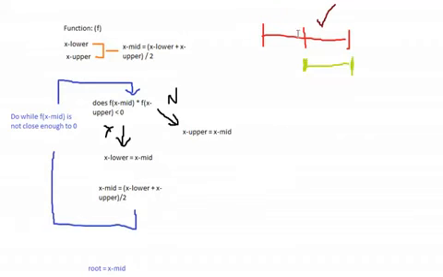If it isn't, then we're going to make the upper limit the middle point, reevaluate for this section, and then find the middle point. We want to keep looping this until x mid, when you sub it back into the function, is close enough to 0.